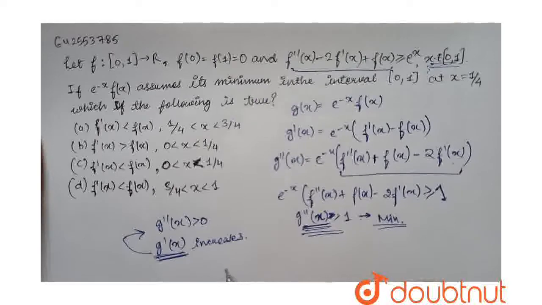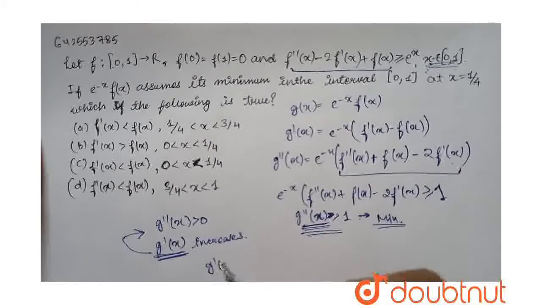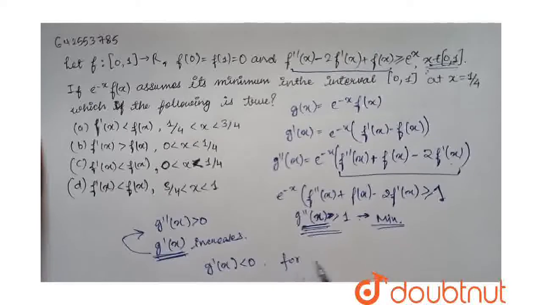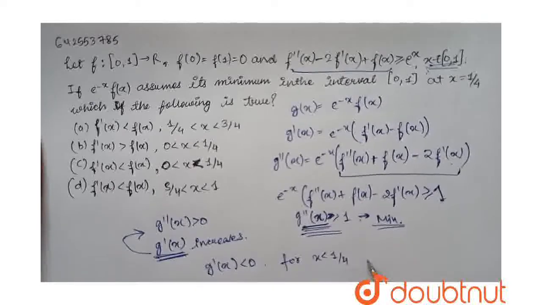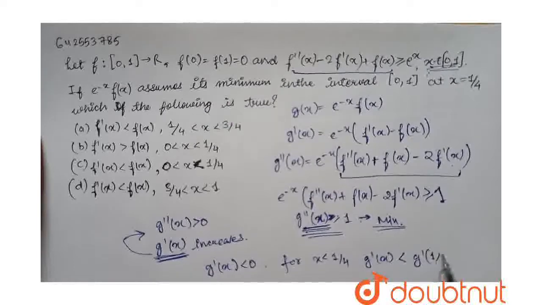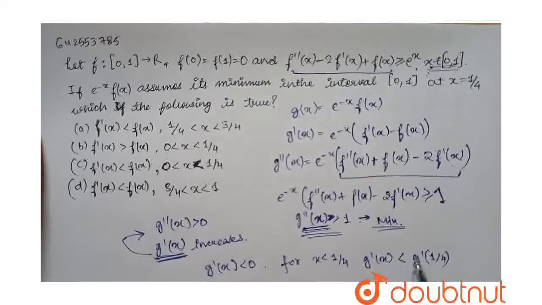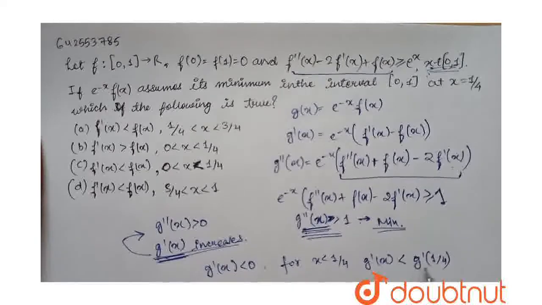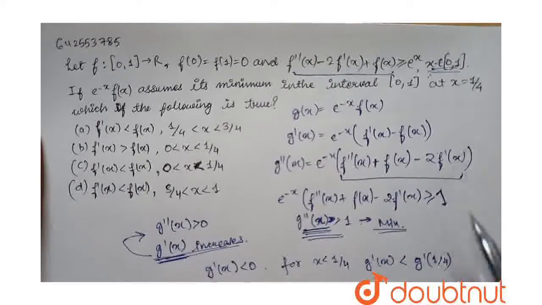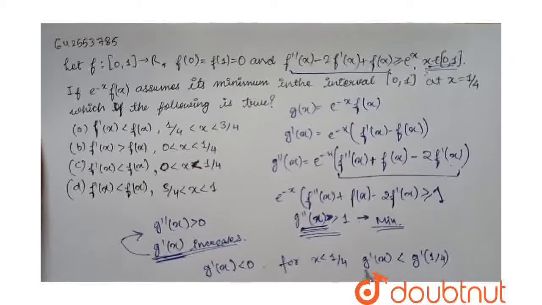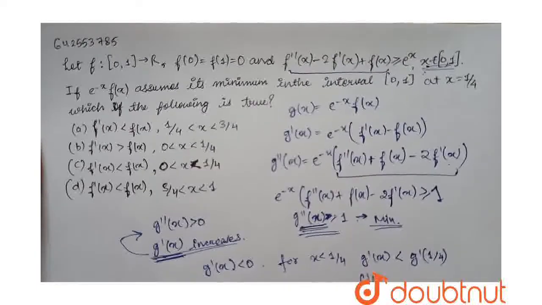And we know that the first derivative of g of x is negative, because for x less than 1 by 4, g dash x is less than g dash of 1 by 4. As we know, g dash increases, and at x equal to 1 by 4 there is a minima. Okay, so we know this.